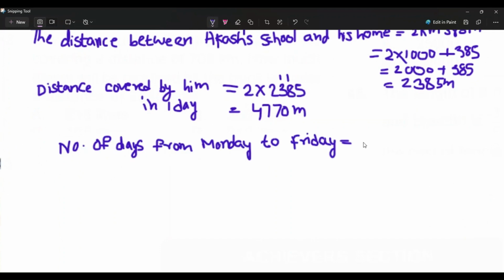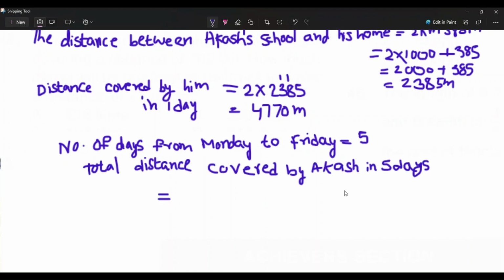Number of days from Monday to Friday is equal to 5. Total distance covered by Akash in 5 days is equal to 4,770 into 5.